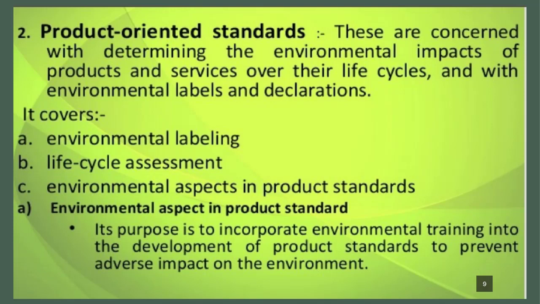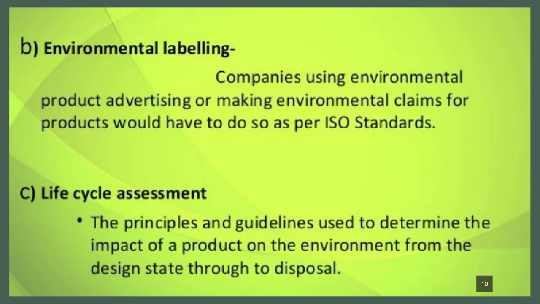These are concerned with determining the environmental impact of products and services over their life cycles, and with environmental labels and declarations. Mainly, they are analyzing what the impact of the product is. First one, environmental aspects in product standard. Its purpose is to incorporate environmental aspects into the development of the product standard to prevent adverse effects on the environment.